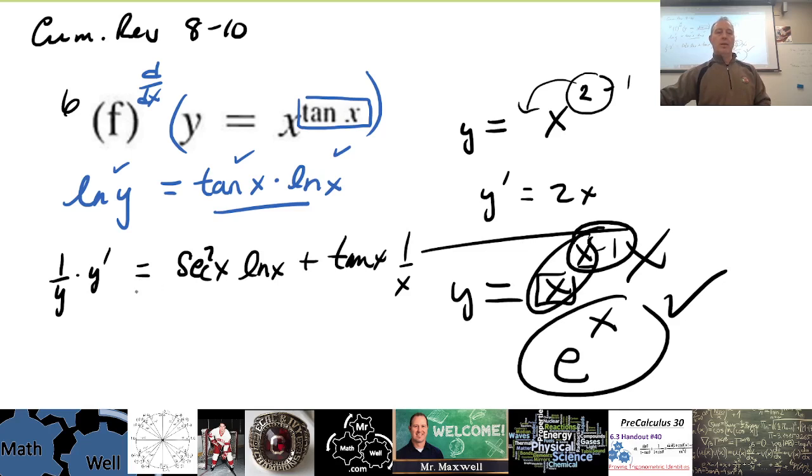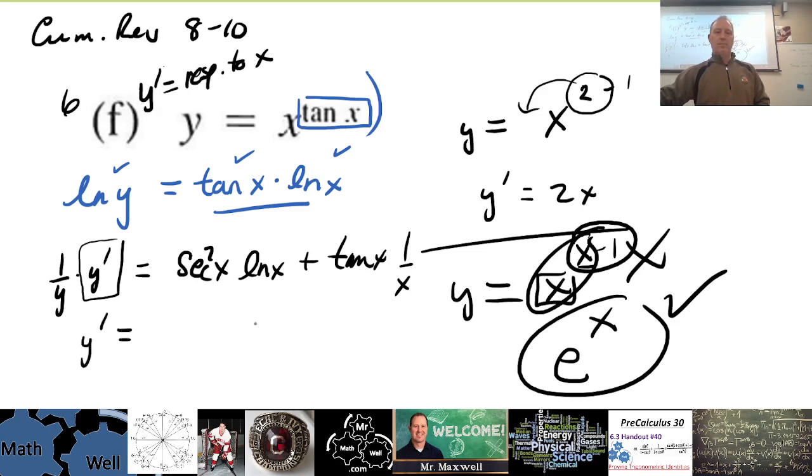So can we do some simplification? Really what we're after is dy dx. So dy dx is what we're after. This is now Leibniz notation, so finding y prime is with respect to x. So I'm going to multiply everything by y.